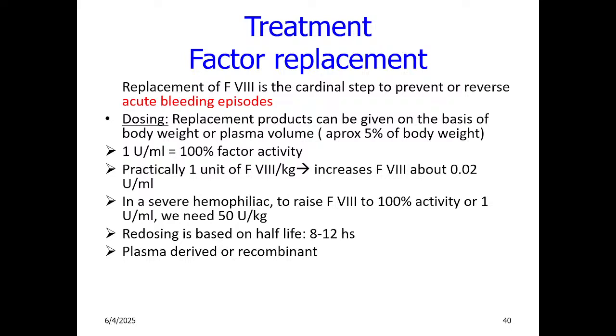Approximately 5% of the body weight is the plasma volume. 1 unit per ml is equal to 100% factor activity. So, practically, if we give 1 unit of factor 8 per kg, it increases factor 8 by about 0.02 unit per ml. In a severe hemophilic, to raise factor 8 to 100% activity or 1 unit per ml concentration, we need 50 units per kg.